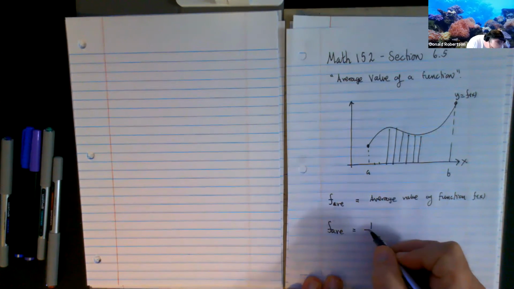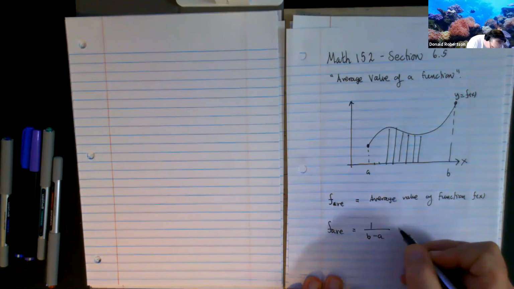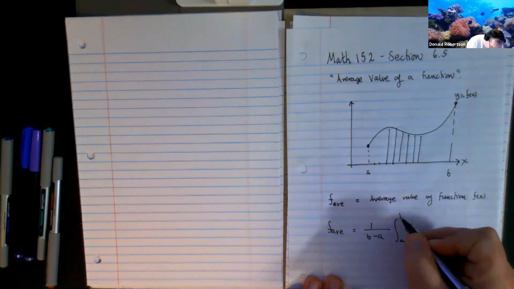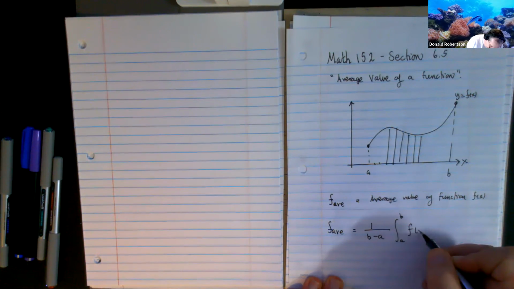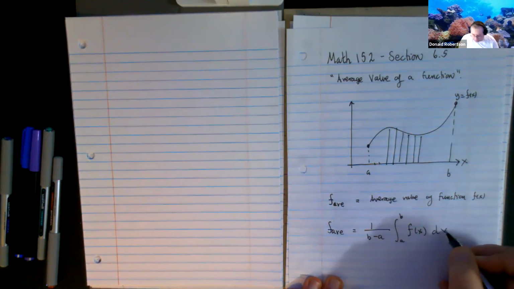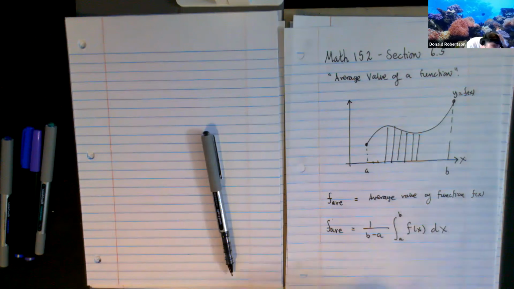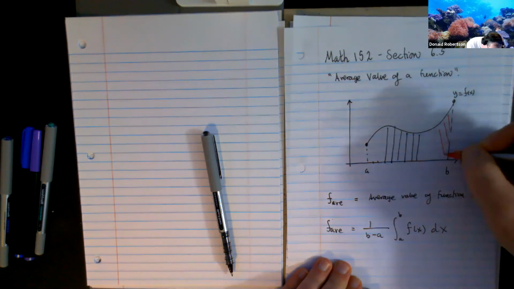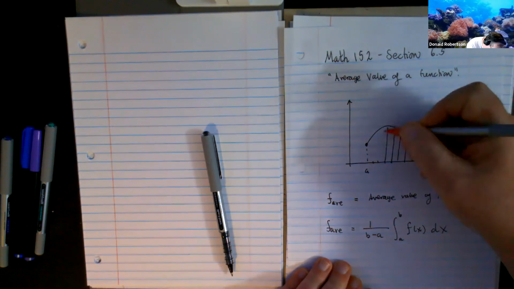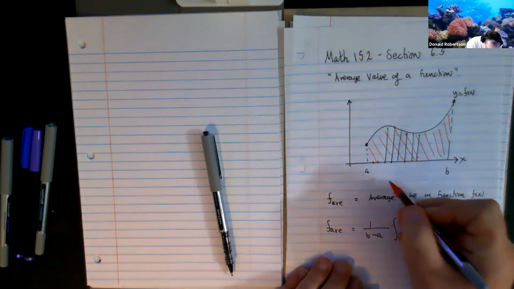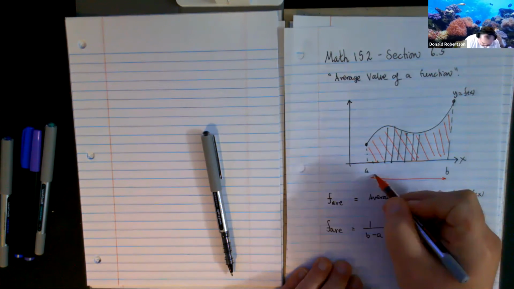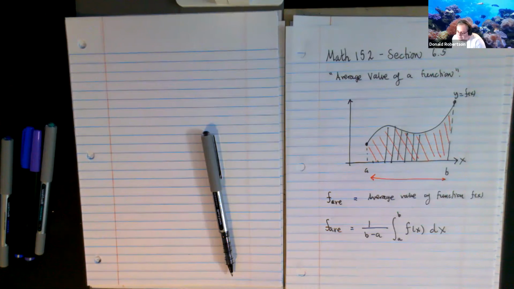It's 1 over b minus a, the integral from a to b, f of x dx. So the average value of a function is actually the area, right? All of this, the area under the curve, right? Divided by the distance from A to B. Kind of makes sense, you know?